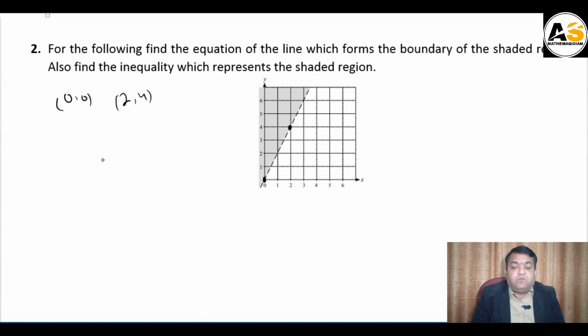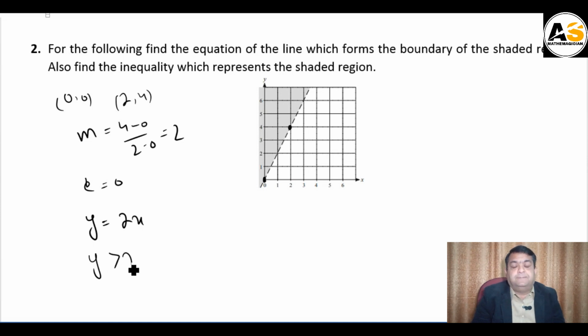So I will find the gradient. m is equal to y2 minus y1 over x2 minus x1. Gradient is 2. Y-intercept c is equal to 0. Equation of the line is y is equal to 2x. And its inequality is y is greater than 2x. I hope this is clear.